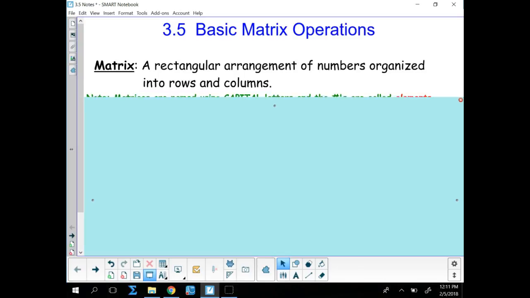Matrices, or a single matrix, if you will, are named using capital letters. So if I say matrix A, you would use a capital A for that matrix.